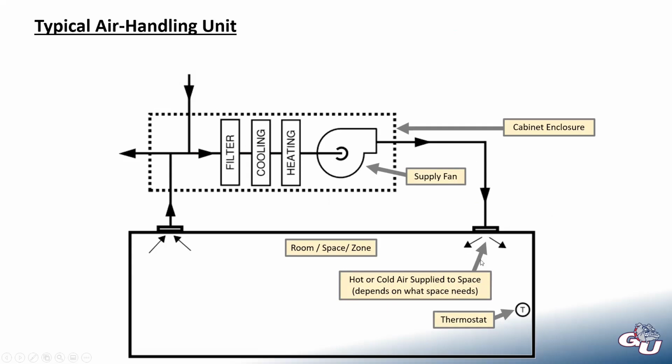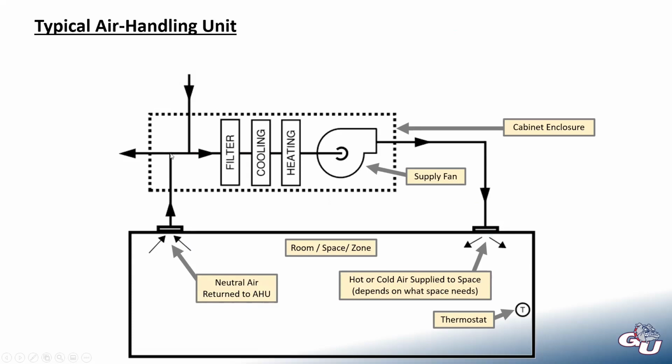So we blow in this hot or cold air into the space, it mixes as it travels through the space, and eventually it becomes neutral temperature air. It's not hot or cold anymore as it's mixed into the space. And there we're going to suck that air back into our air handling unit.